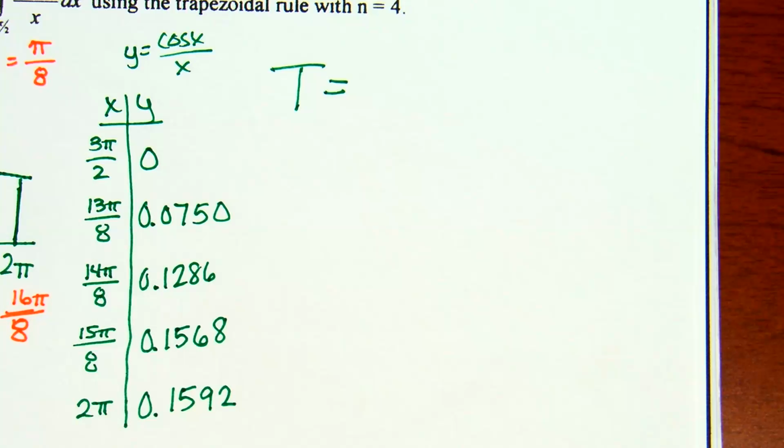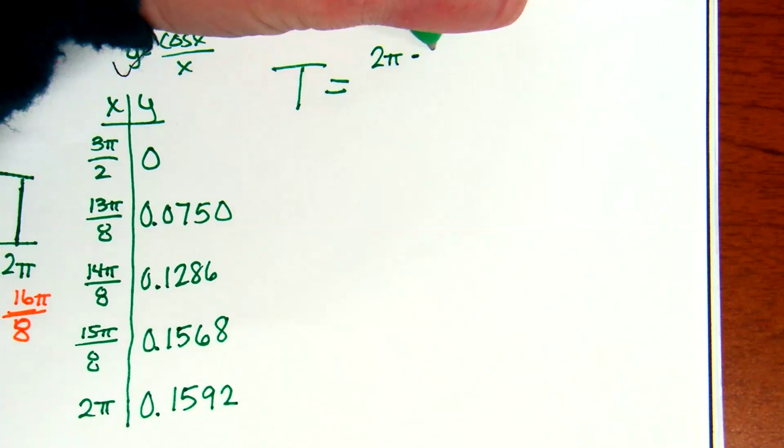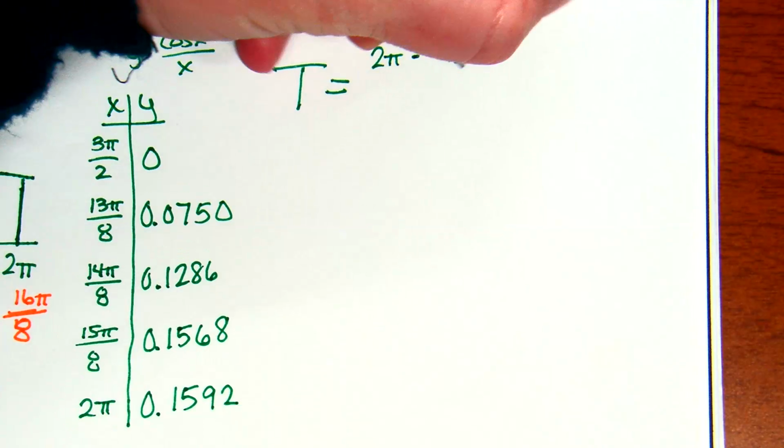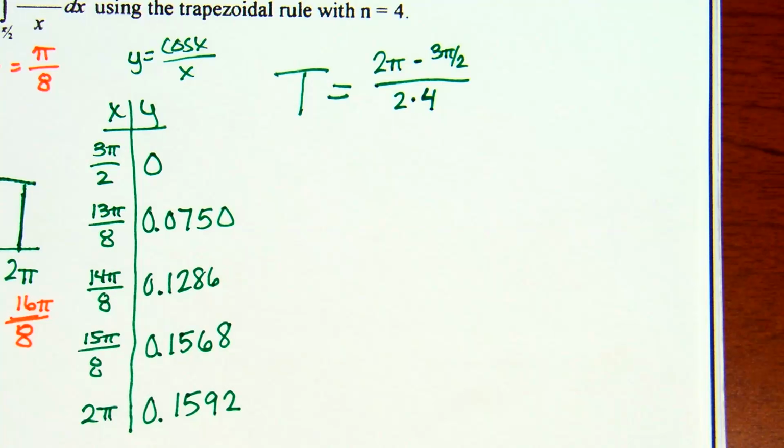It's 4, or 2n, so 2 times 4. And I'm going to take several rows to do this. Okay, what's my first y value? 0. And then plus, what do I do next? 2 times the next y value.